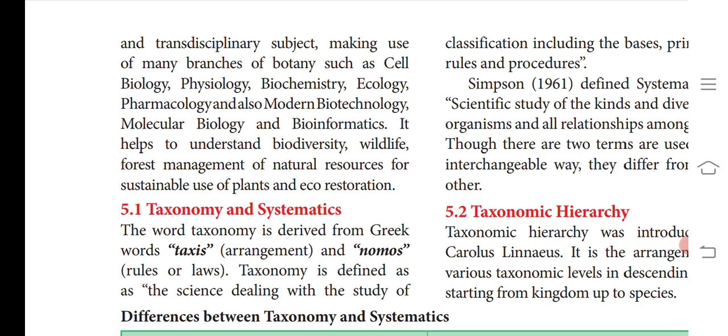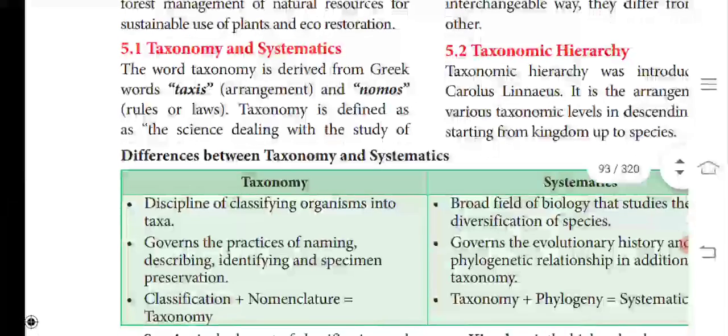So these are all transdisciplinary, meaning we are going to classify the organism. If you classify certain plants to be herbal or medicinal plants, that will in turn be used by the biochemist for the preparation of medicine. Likewise it goes on.